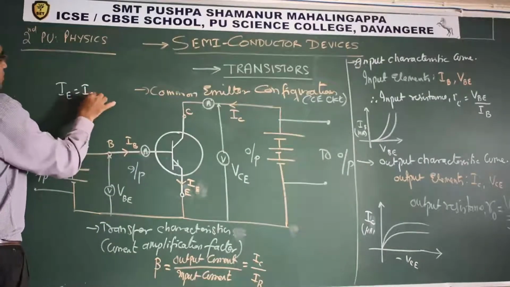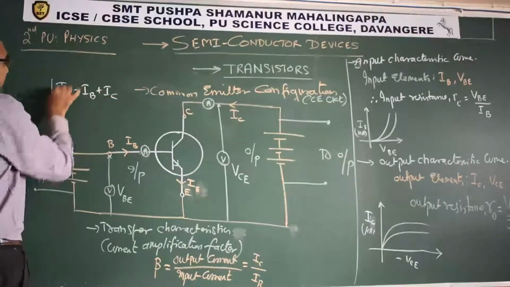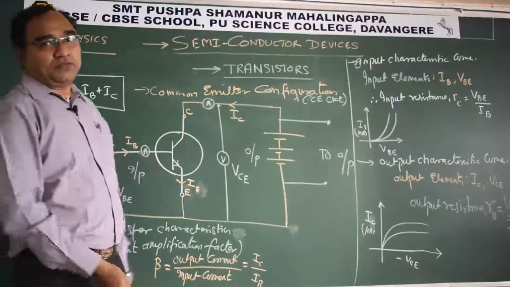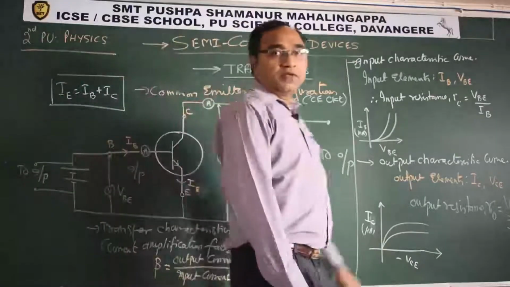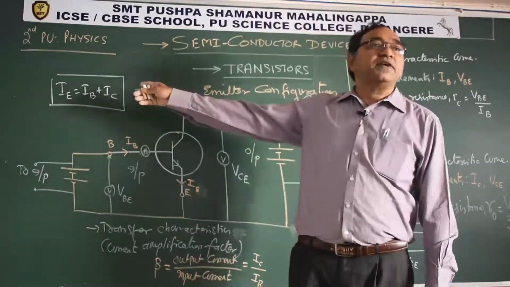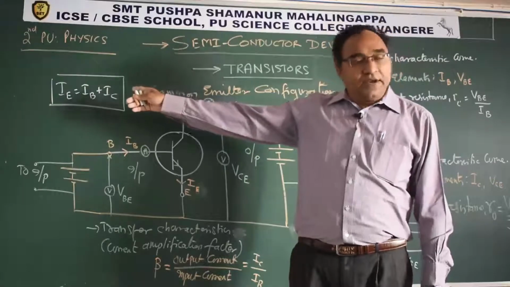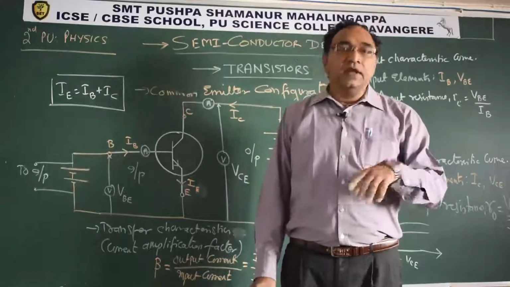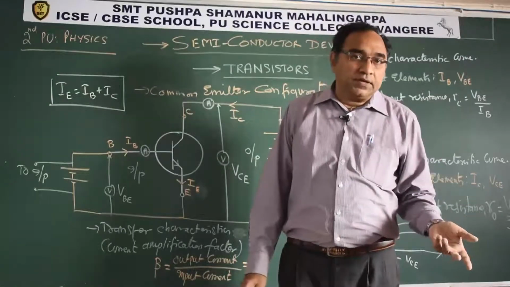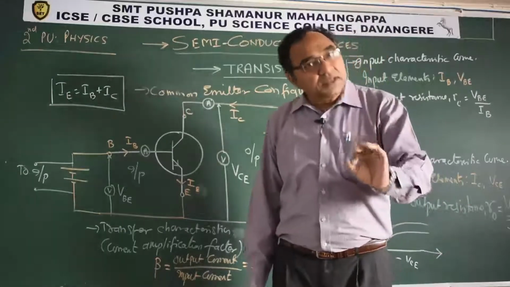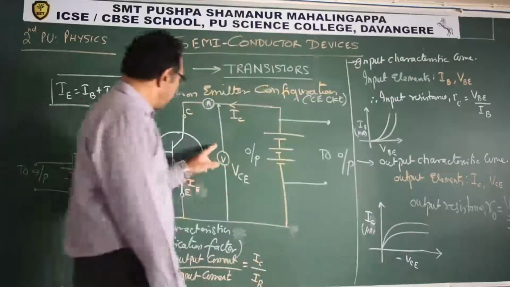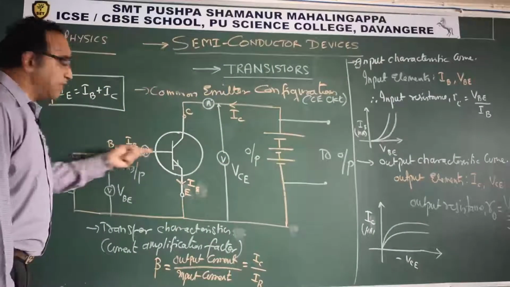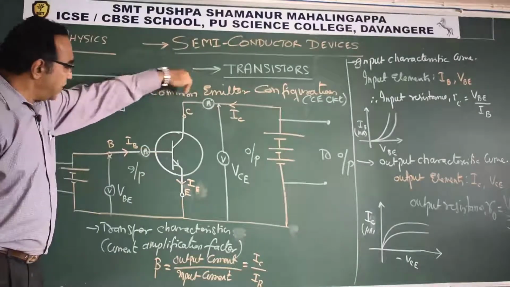So IE is equal to IB plus IC. In the previous case also, if you remember, if you have scribbled it in some corner of your notebook, check it out. We had the same equation. That time also I told you this equation will be standard irrespective of the combination you are taking. That is why it is called the transistor equation. Here IE is the outgoing current, IB is incoming, IC is incoming.